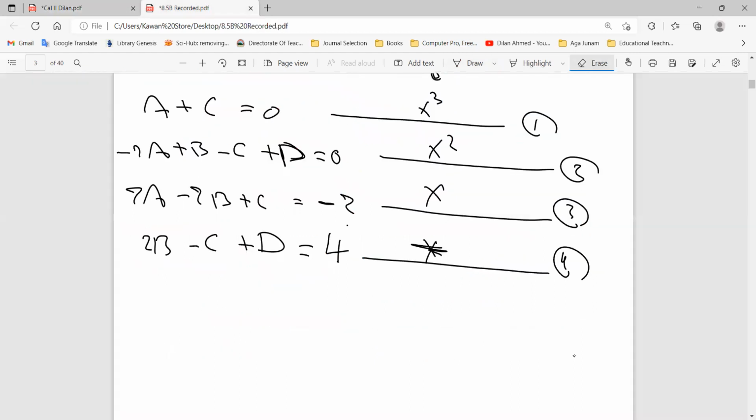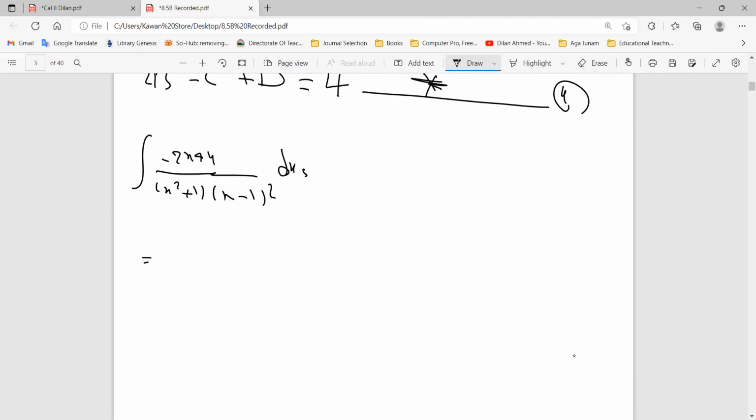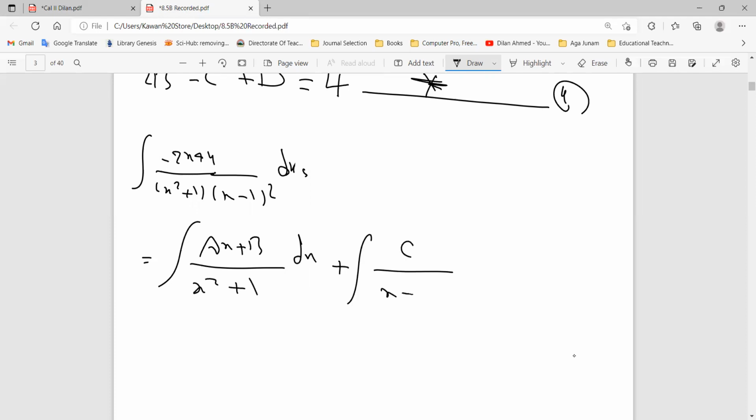Yalla. So our integral of minus 2x plus 4 over x squared plus 1, x minus 1 squared dx equal to, we say that, ax plus b over x squared plus 1 plus c over x minus 1 plus d over x minus 1 squared. We say a, it was what?